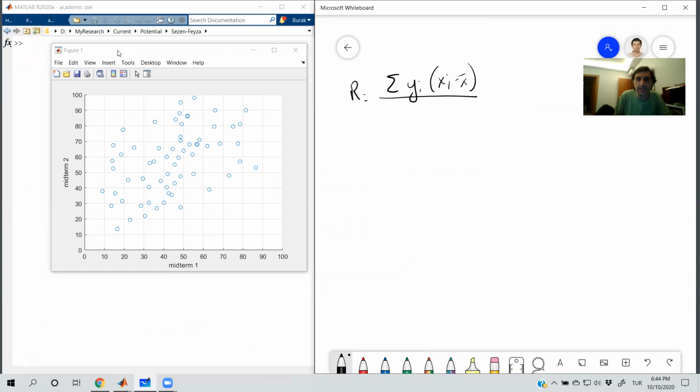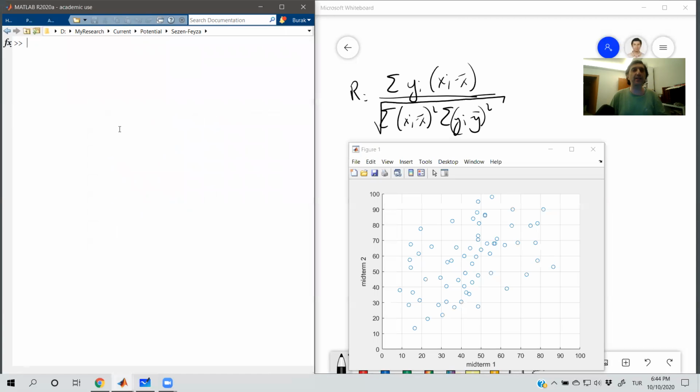It's difficult to say, so I'm just going to write it. Of course, in MATLAB, you can easily find this with only one command, corr of X and Y. You can find the resulting value, right? But let's find this value also using this equation.